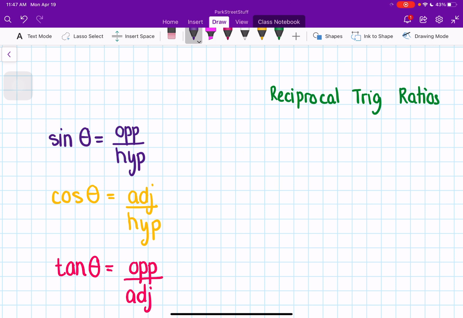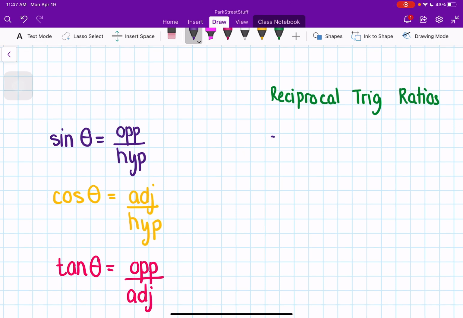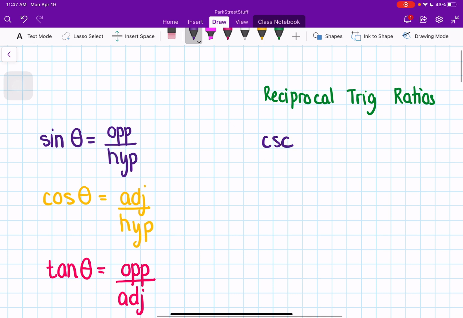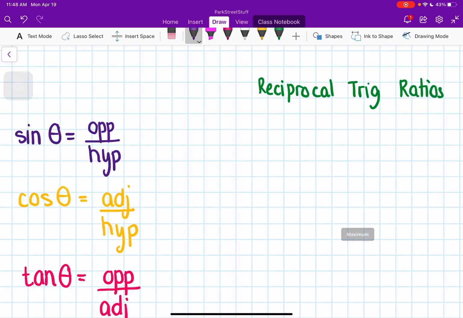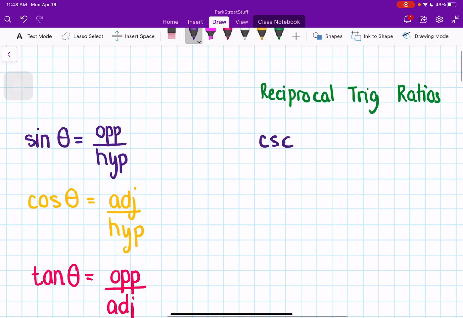All right, so reciprocal of sine is actually called cosecant. So we're going to go cosecant of theta. So remember, if we remember from fractions, where if we have a fraction a over b, its reciprocal is b over a. So in this case, sine is opposite over hypotenuse. So if I take the reciprocal, it becomes hypotenuse over opposite.